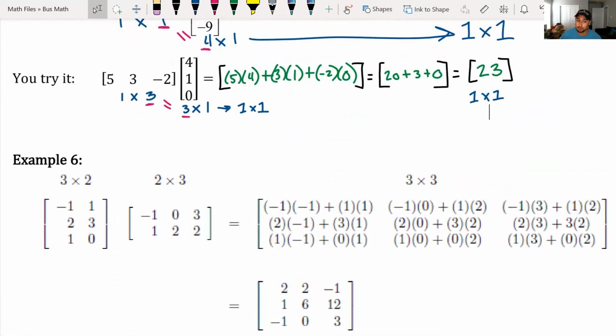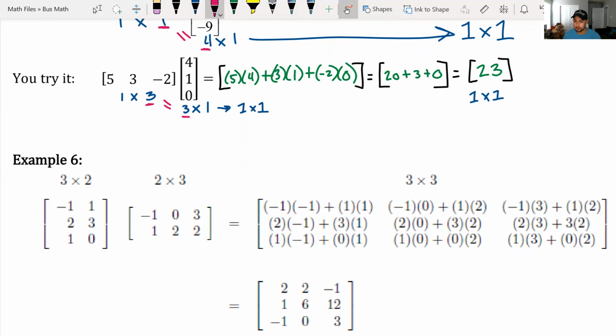A 3 by 2 multiplied by a 2 by 3. This 2 is equal to that 2, which means the result is a 3 by 3. All right. Now, check out all this work. My goodness. All right.